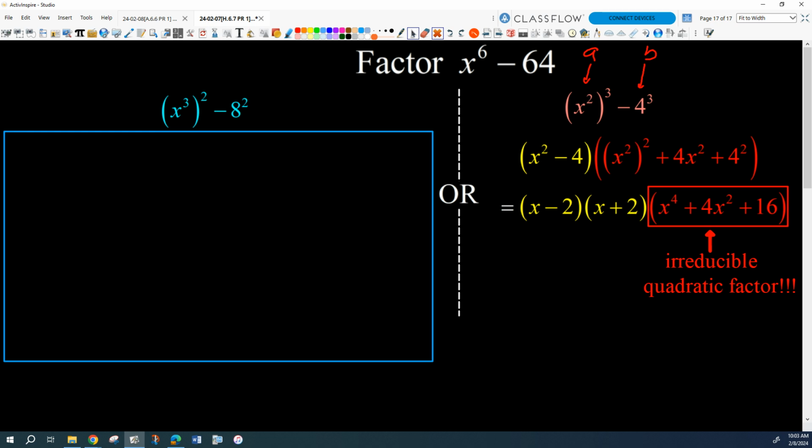We haven't learned this yet, but it's coming down the pike in a little while. The fundamental theorem of algebra tells us, which we'll talk about later, that the degree of a polynomial tells us how many total zeros it has. They may not all be real. Some of them may be non-real zeros. But this thing has a total of 6 zeros, including the real and non-real ones.